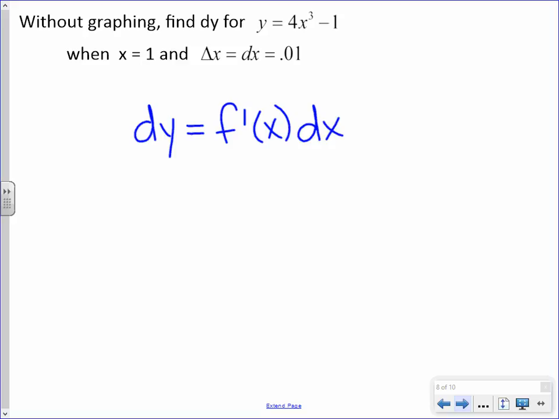dy is f prime of x dx. Gina, what is f prime? Or in this case, y prime. Okay, so we can write dy equals 12x squared dx.